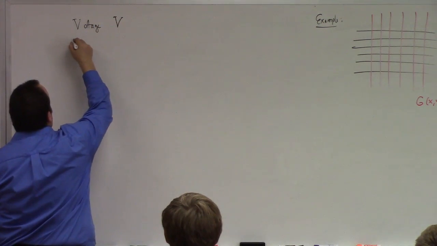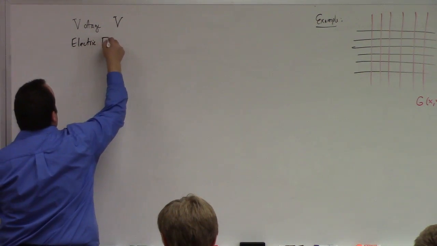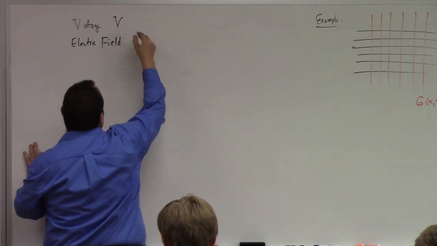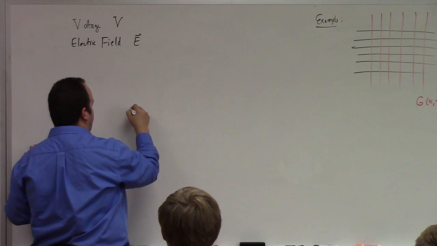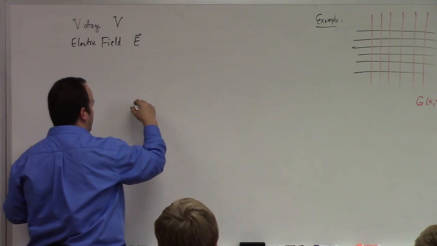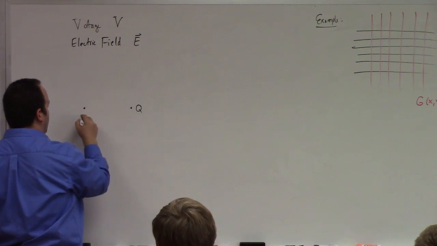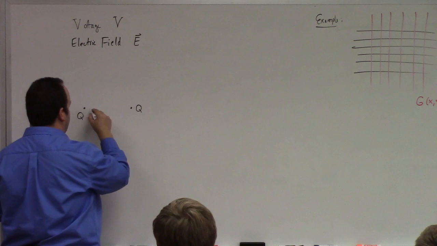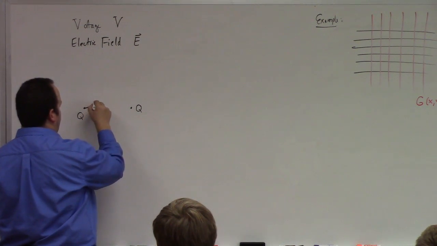And the electric field, E, right? And in 2 dimensions, if you've got a charge Q like that, then if you've got another charge over here, then what happens is the field lines do all kinds of crazy stuff, right?